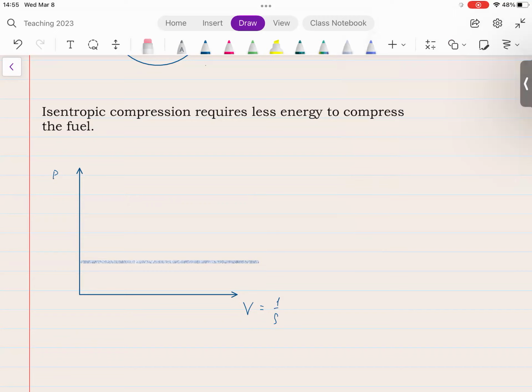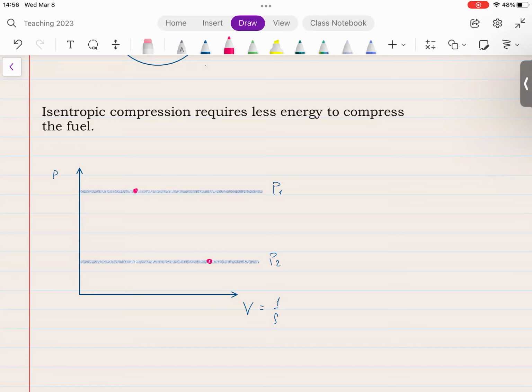Let me call these P1 and P2. Let's say that this is my starting point, and this is my end point.